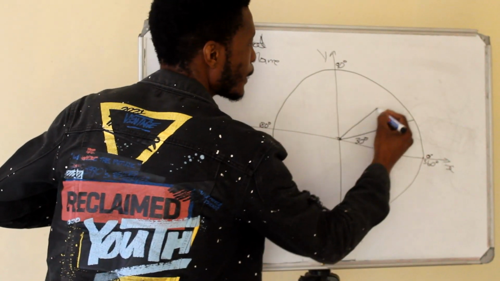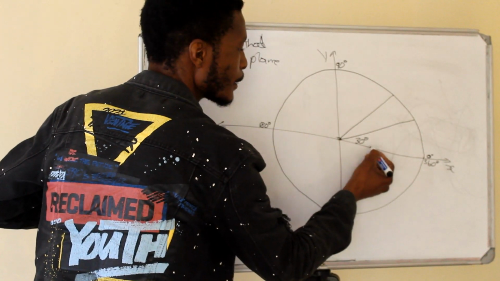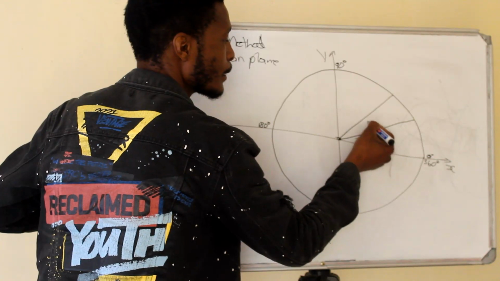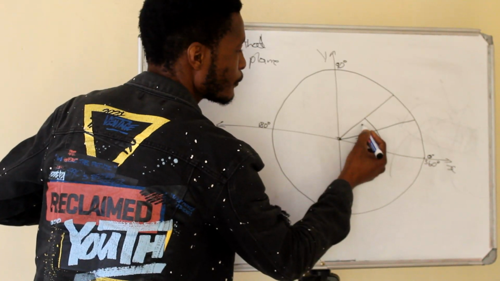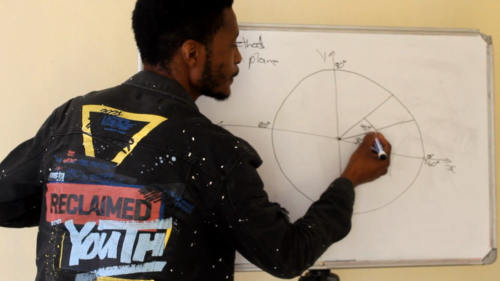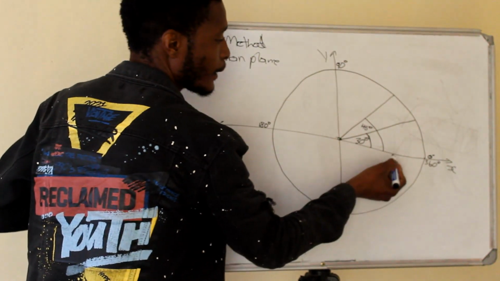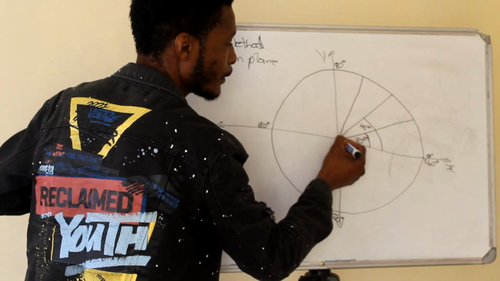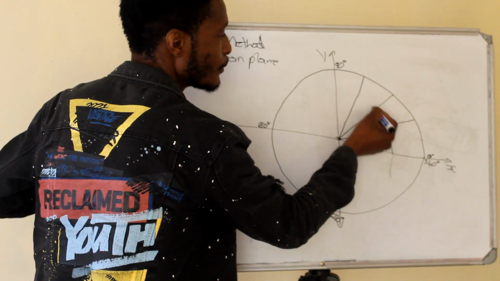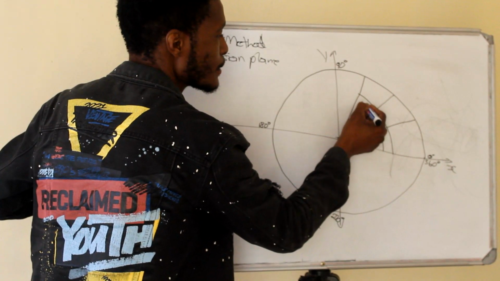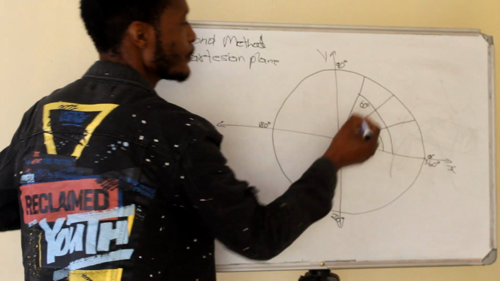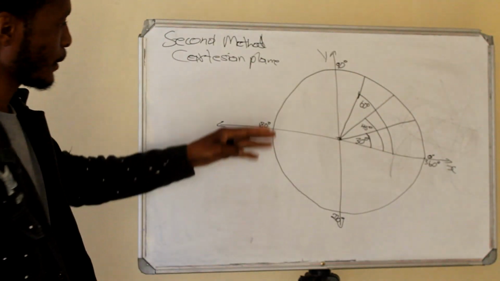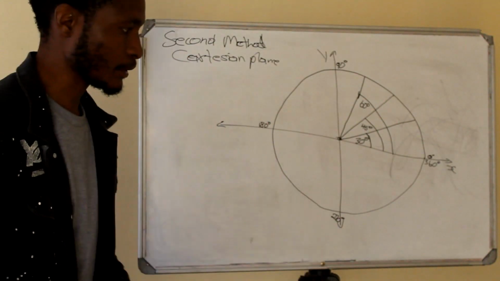That's your 30 degree angle, and this one becomes your 45 degrees, and then another one there will be your 60 degree line, and then your 90 degrees, then that's going to be your 180 and your 270.